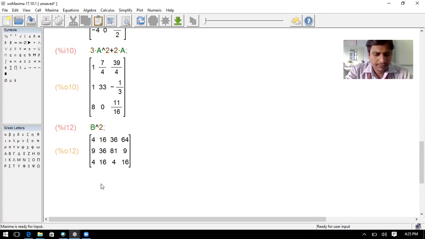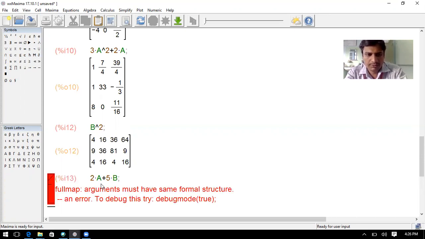Suppose in general we take 2 star of A plus 3 star of B, then semicolon.